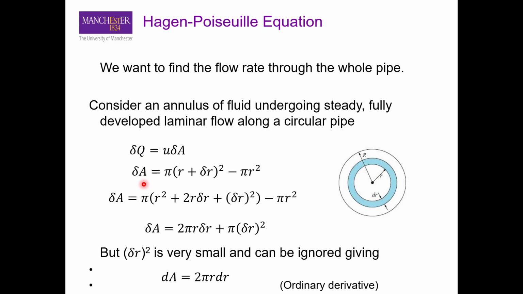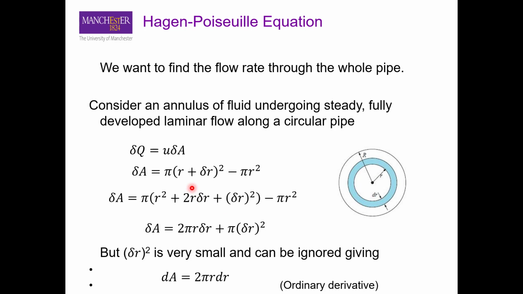And we can develop the expression for the differential area. Here we know that the outer area of this annulus is pi times r plus partial r squared, minus the area of this inner circle, that is pi r squared. Okay, so that is the differential area of this blue element.